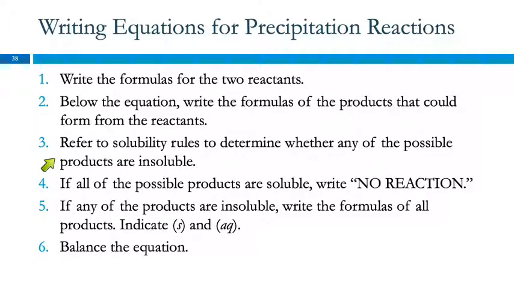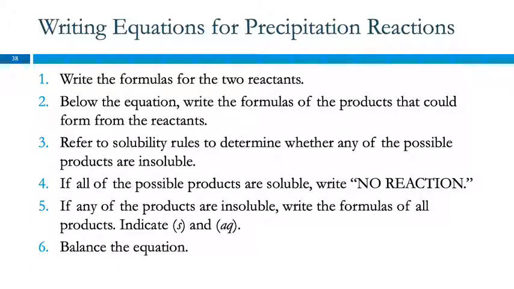Refer to the solubility rules to see if anything's soluble or insoluble. If all the products are soluble, you can just write no reaction. If anything is insoluble, then you need to finish the equation. Indicate the states of the product, solid or aqueous, and balance the equation. So those are the steps.